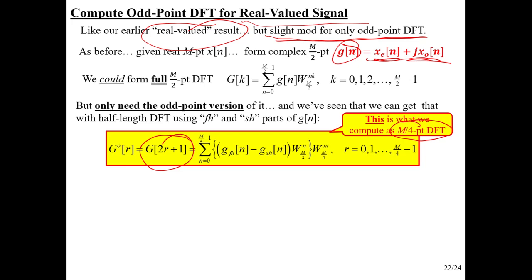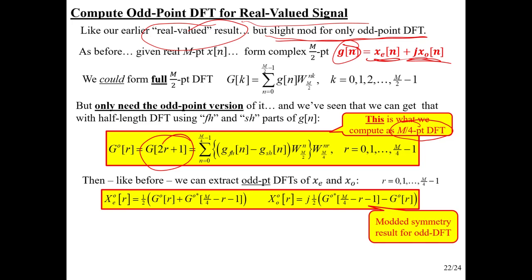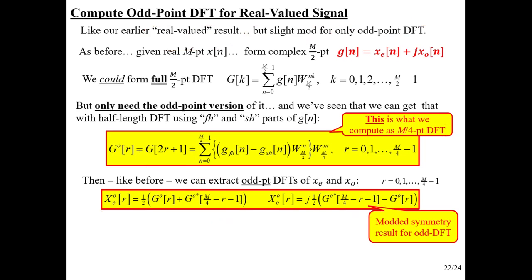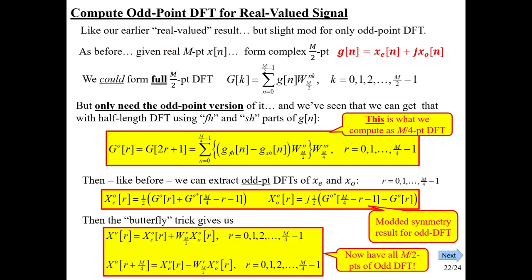And that's what we would get. And so then we would use this little trick to extract the things that we want. And this again comes from the fact that we're playing some tricks with the odd point. Again, I've skipped over some steps here, but if you just follow these rules, it will work.